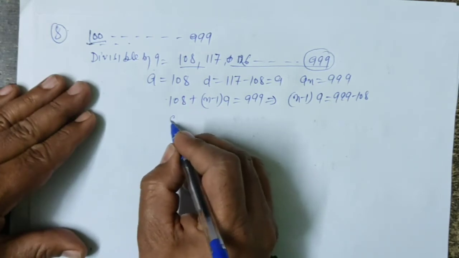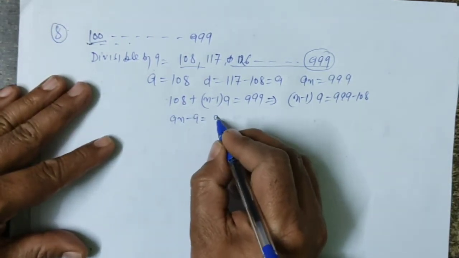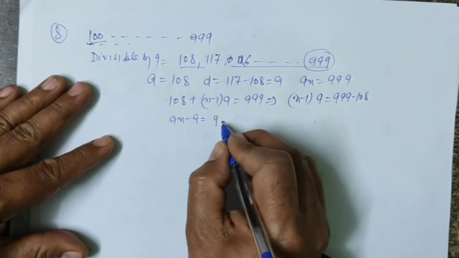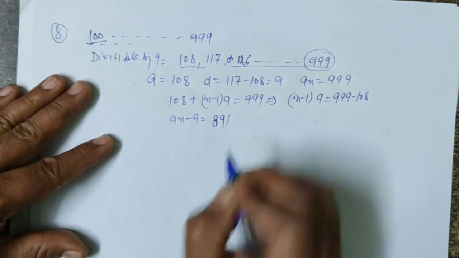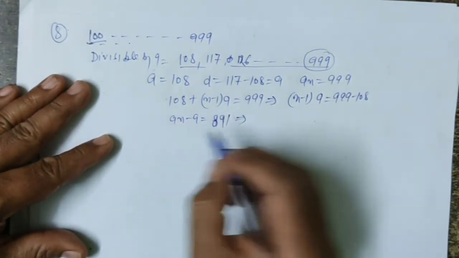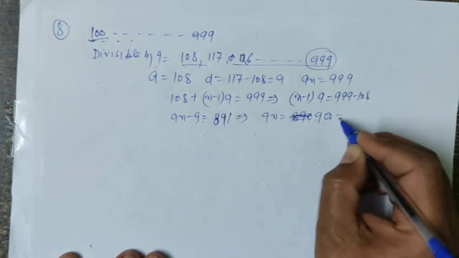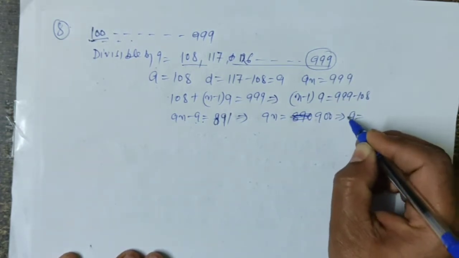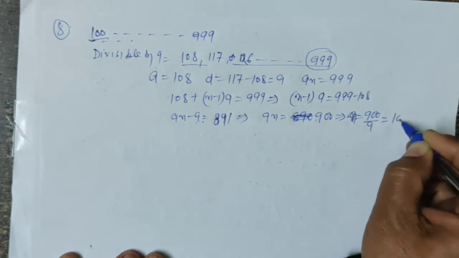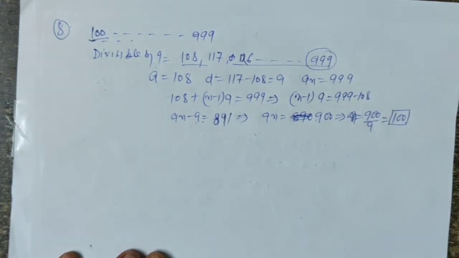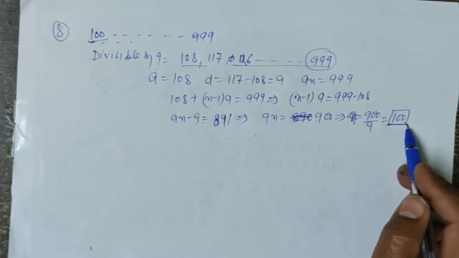Now 9n minus 9 equal to 891. It's 9n equal to 900. Therefore, n equal to 900 upon 9, say this is 100. How many 3-digit numbers are there which are divisible by 9? These are exactly 100.